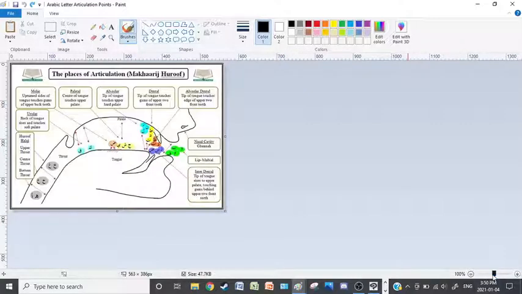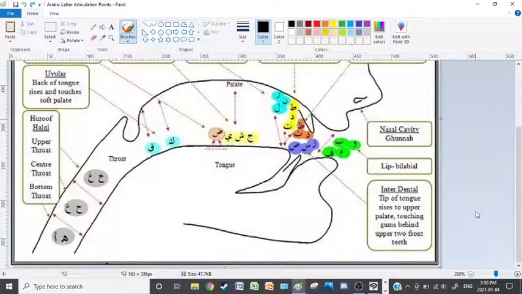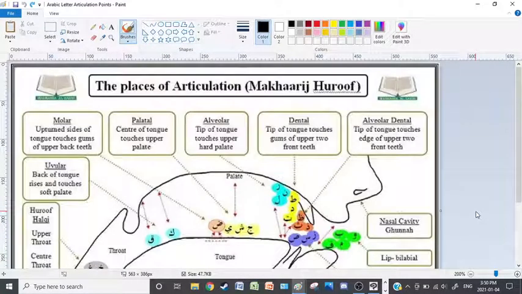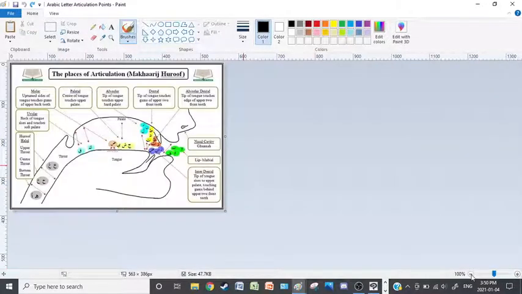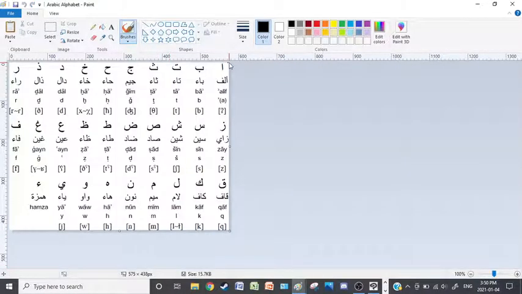Let me see if I can zoom in. So here is the bottom part, here is the top part, and here is the full image. Lastly, I will also provide the full alphabet, including the hamza as well.